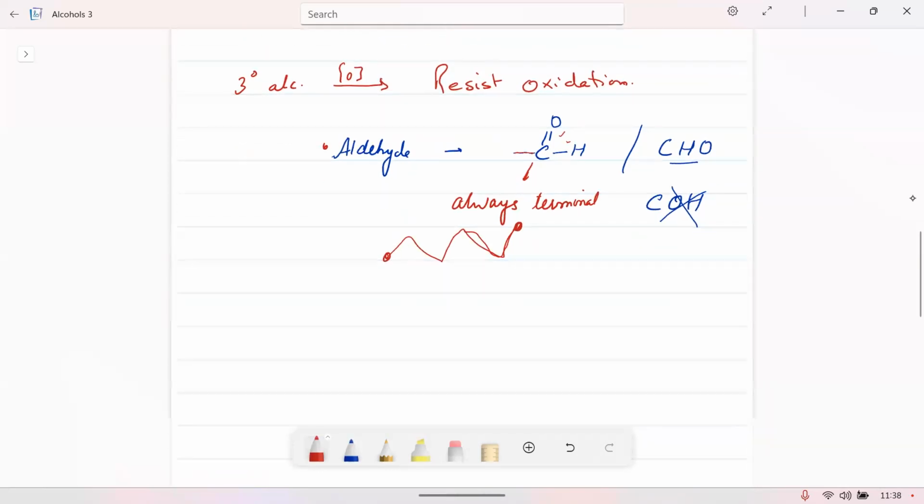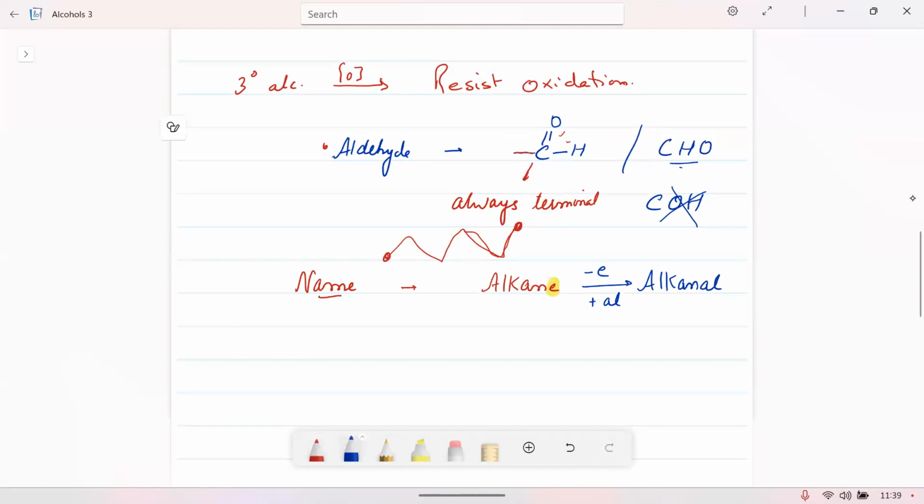The next thing is, how do you name them? Naming is based on the name of an alkane. Alkane means how many carbon atoms are there. So what you do is you remove the E, minus E. And for an aldehyde, because it has this functional group, you add al to it.